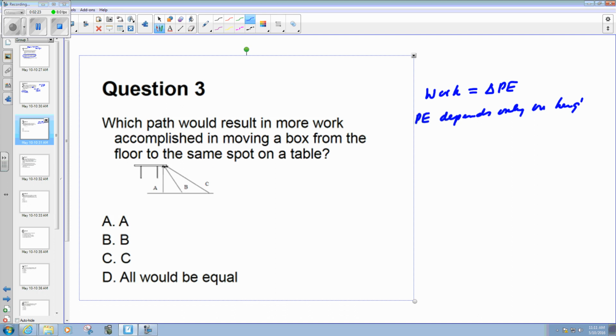And since it depends only on height, it is independent of the path taken. And since it's independent of path taken, the correct answer here would be D.